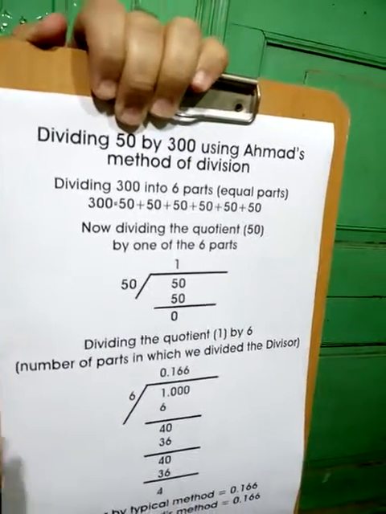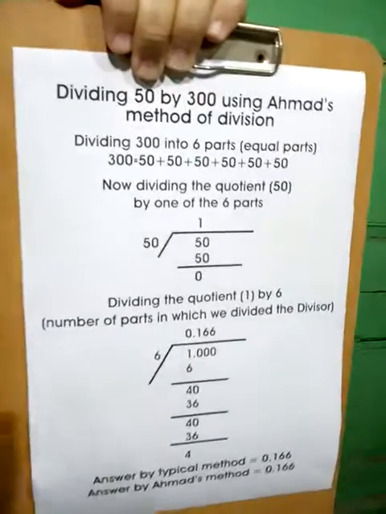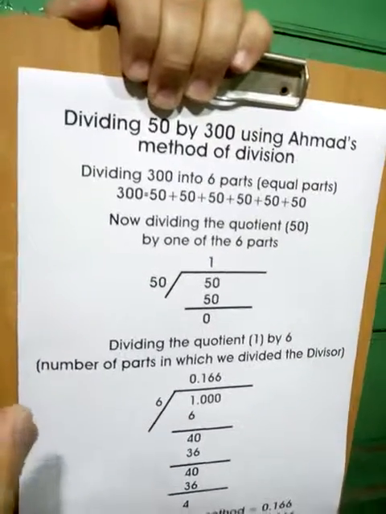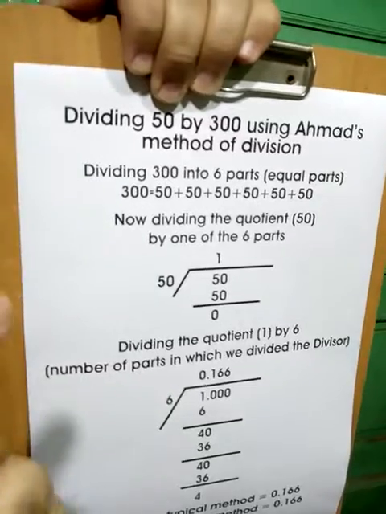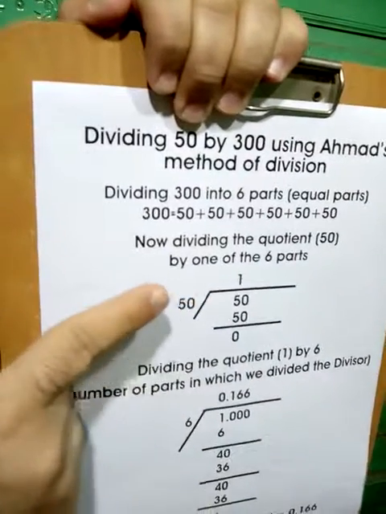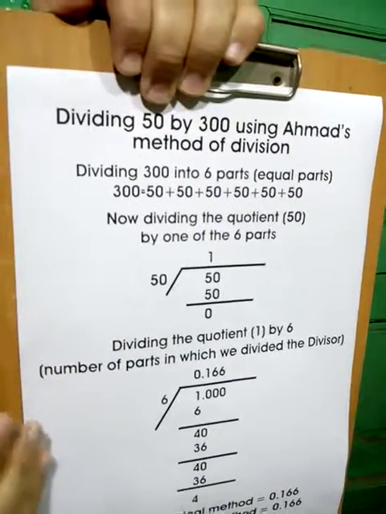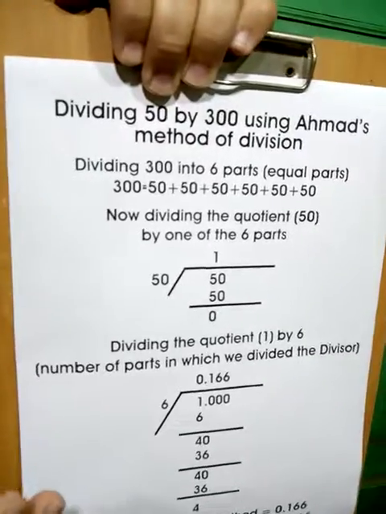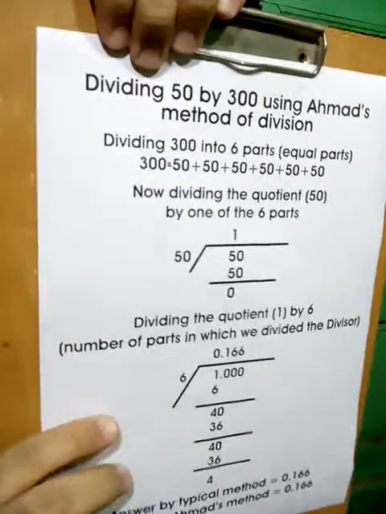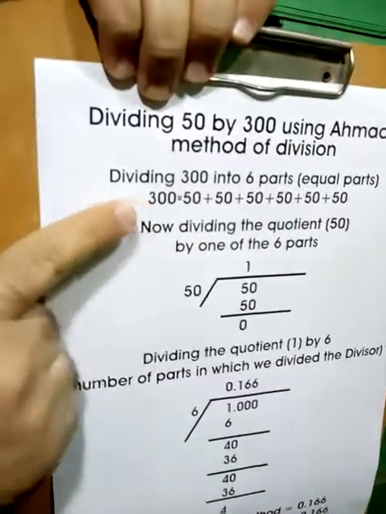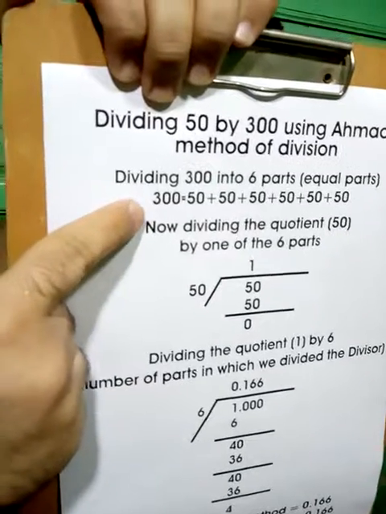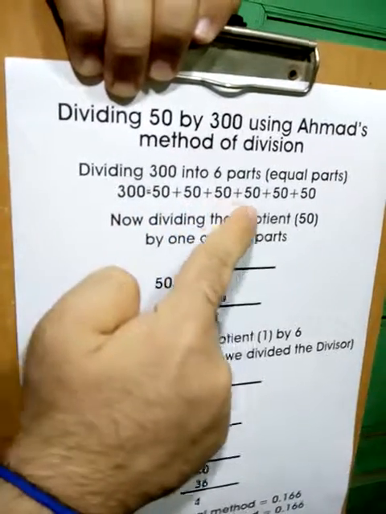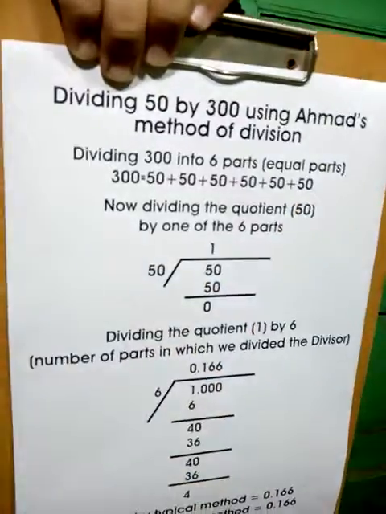As I told you earlier, according to my method of division, the quotient which you get here, you divide it by the number of parts in which you divided the divisor. In how many parts did we divide the divisor? 6 parts: 1, 2, 3, 4, 5, 6.